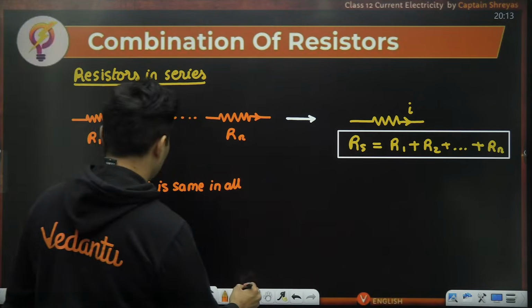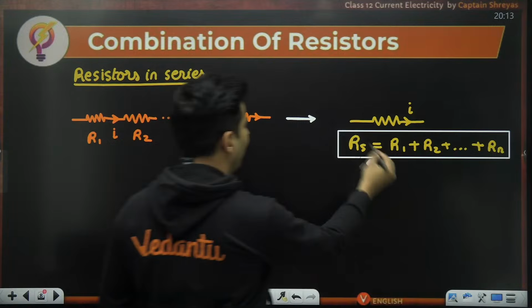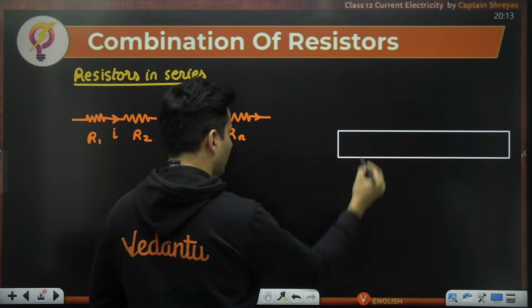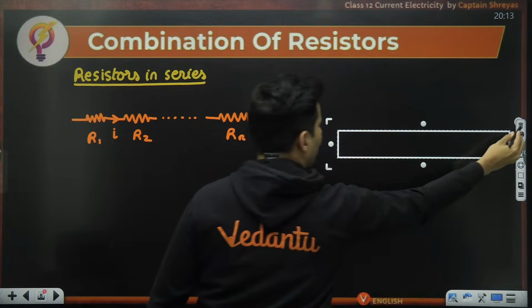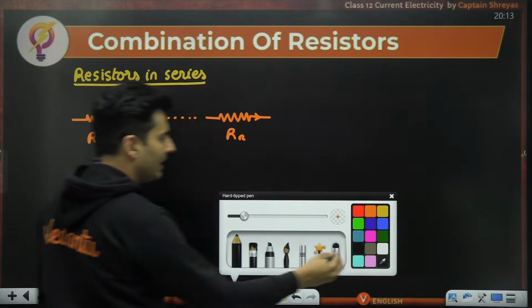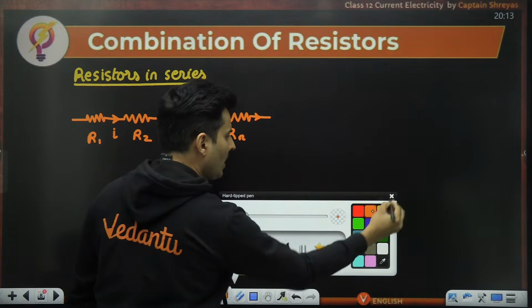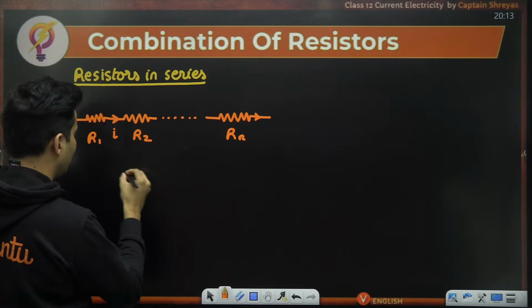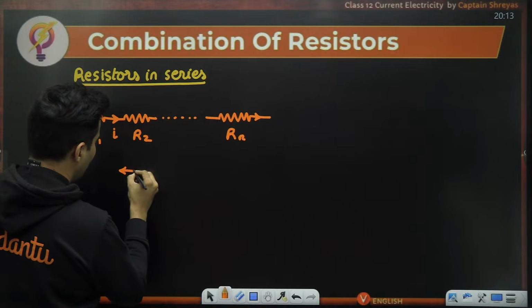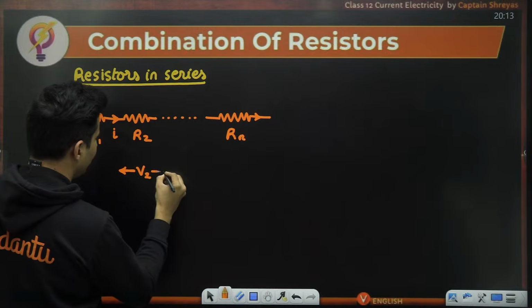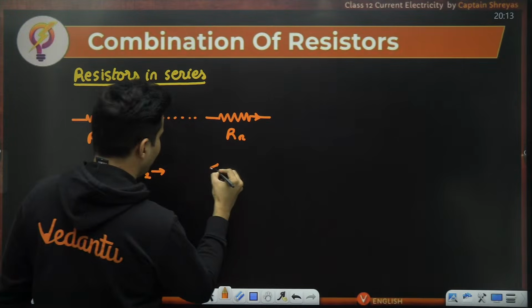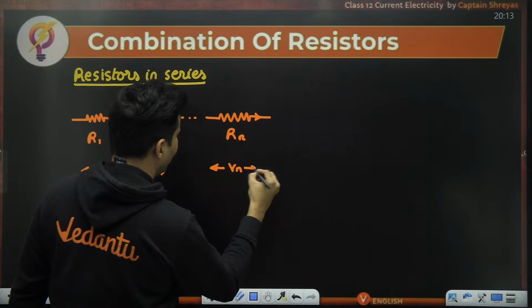This is also sometimes called the potential divider formula, which says that, say for example, you take any resistor, doesn't matter. Let's say you take this resistor and you want to find the voltage V2, or you want to find the voltage V1, or Vn, or V3, doesn't matter.